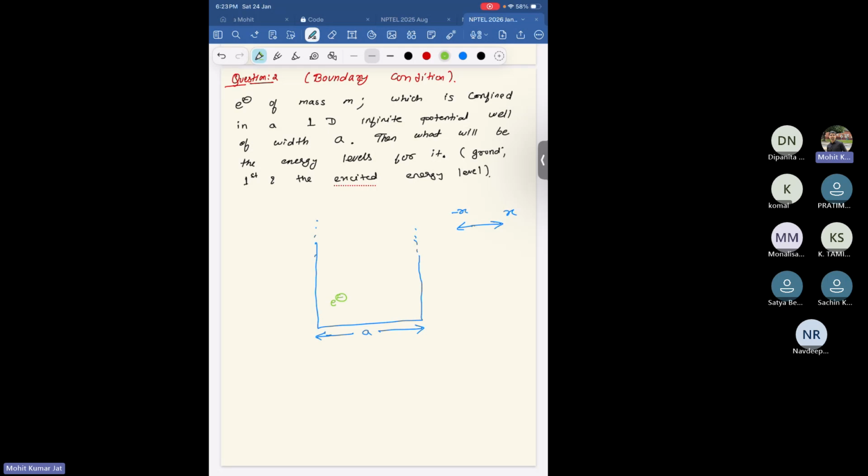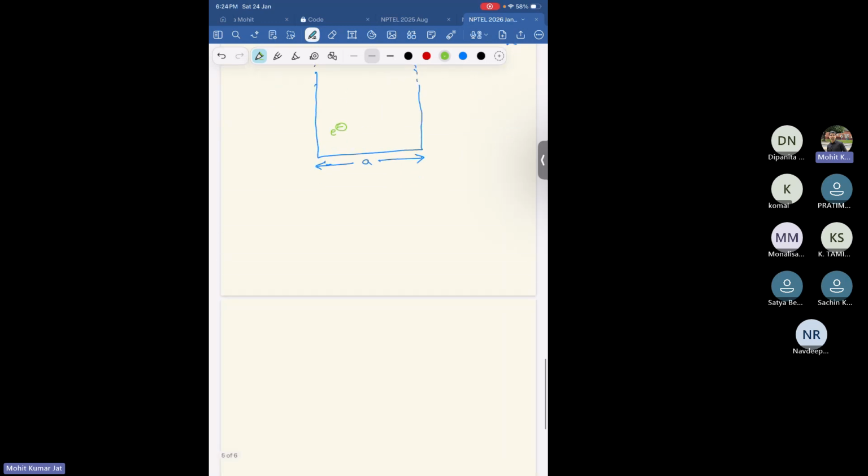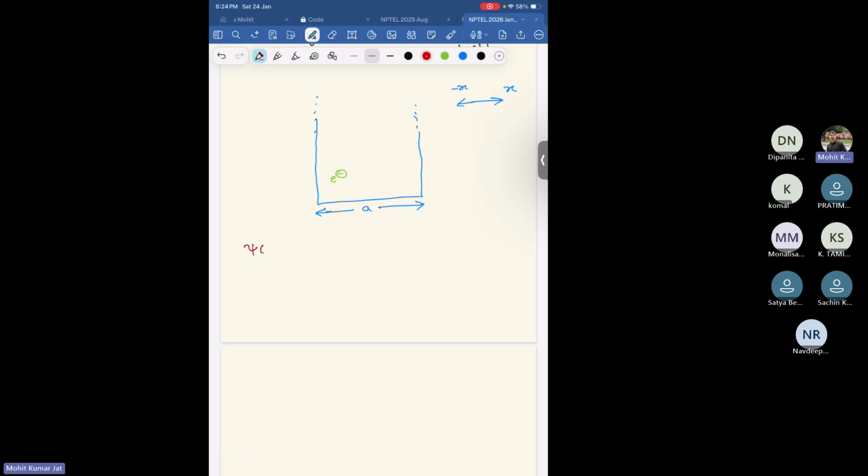Now quantum mechanics says that in this case the energy levels are quantized. Continuum states are not allowed. So we'll have to first see what the wave function for this electron will be. If it is confined in the 1D box, it's a basic quantum mechanics problem. We all know that psi x will be under root 2 by a sine n pi x by a, right?